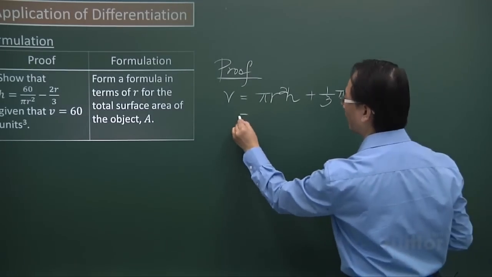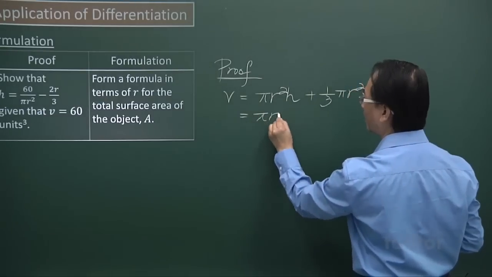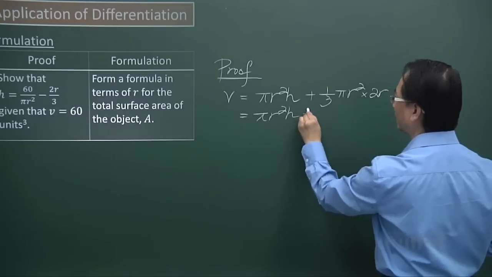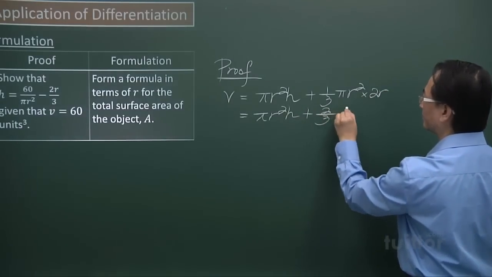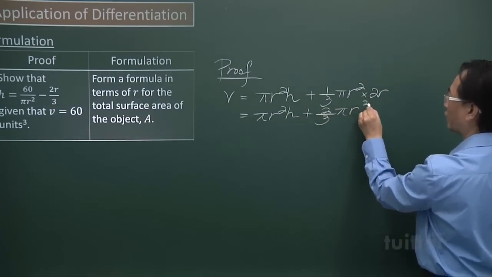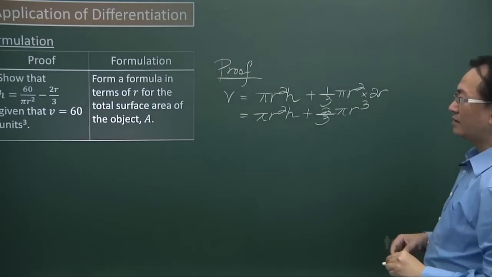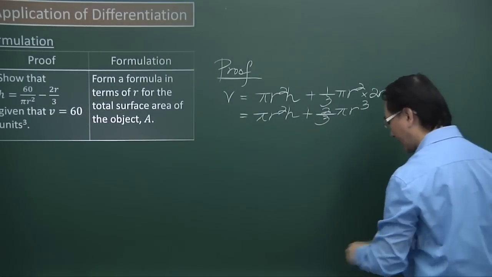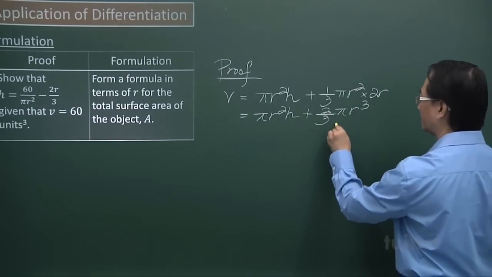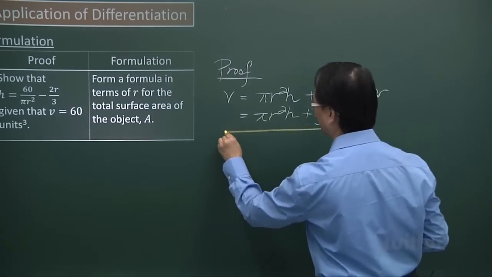Now I will simplify it. So pi r squared h. Here I would have 2/3 pi r cubed. Since h has to be the subject, I will then transpose this term to the left.